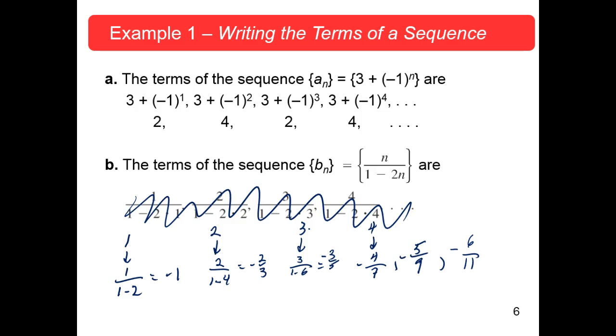Okay, well, notice, let's just do some decimals. That's negative 1. This is negative 0.6666. This is negative 0.6. But this is still greater than 1/2, isn't it? I mean, the absolute value. 3.5 over 7 would be 1/2, right? This would be 4.5 over 9, 5.5 over 11.